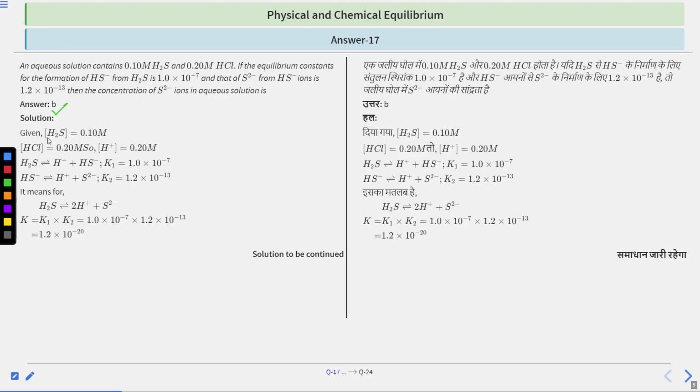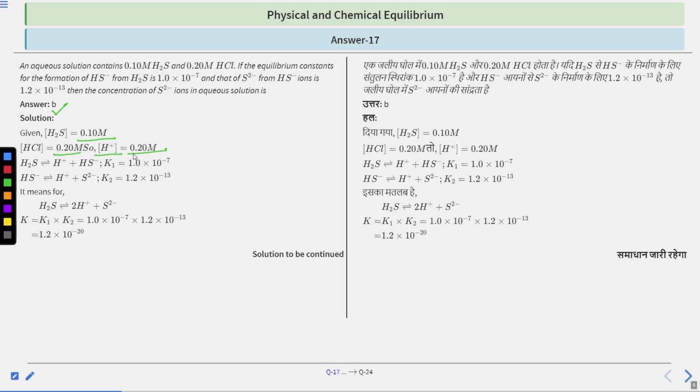We are given that the H2S concentration is 0.1 molar and the HCl concentration is 0.2 molar. So H positive is 0.20 molar, because all the H positive will come from HCl.